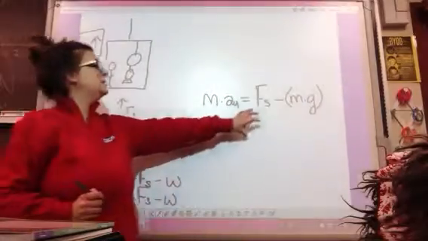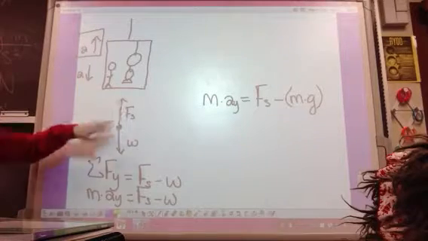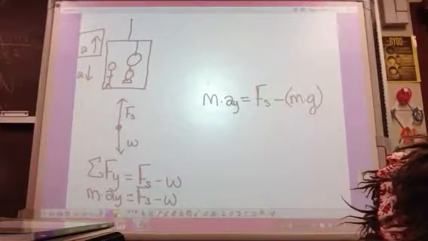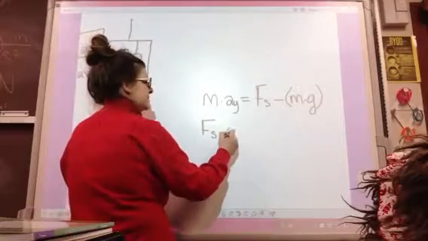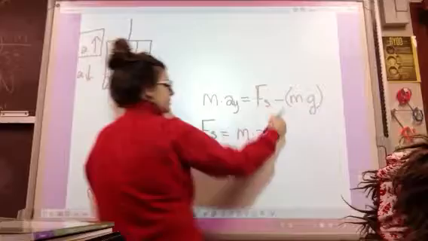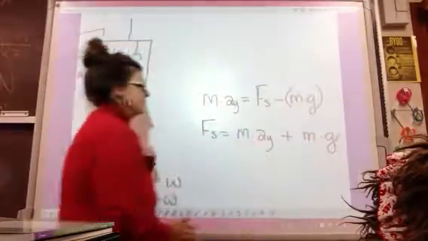Okay, but I want to get just the spring force. I want to know how the spring force would compare to weight if it's accelerating upward. So I would add that over here. So I would get Fs equals mass times acceleration in the y direction plus mass times gravity.